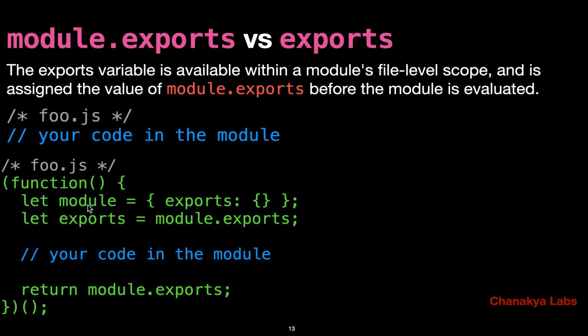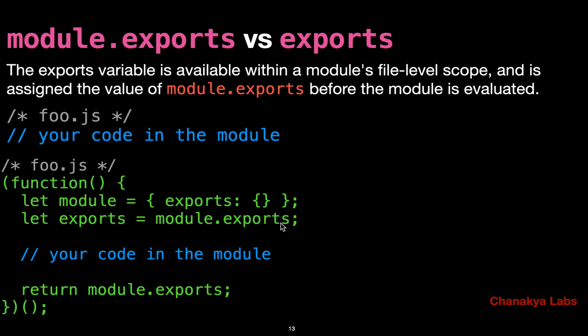Internally, the module is behaving something like this: an immediately invoked function expression is sort of created, and module is an object with one key-value pair, which is exports and an empty object. Then exports is assigned the initial value of module.exports.